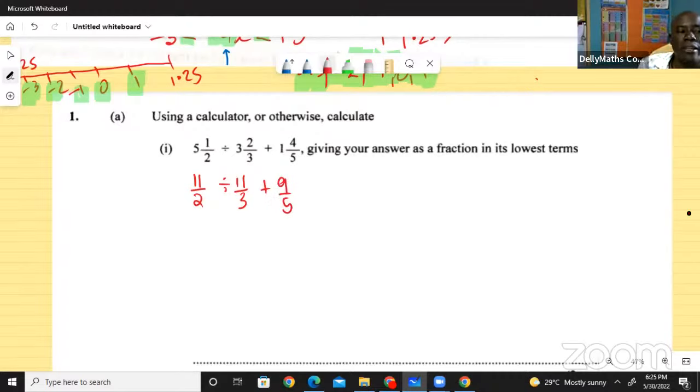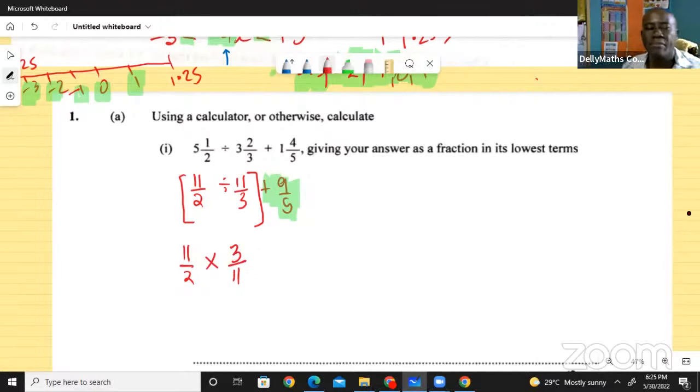All right, so then remember the order of operations. We're going to isolate the division part, find out what it is, and after that, we add the 9 over 5. So we're focusing on the division part. Remember how we divide fractions. When we divide fractions, we change the division sign to multiplication and flip the fraction that comes after it upside down.